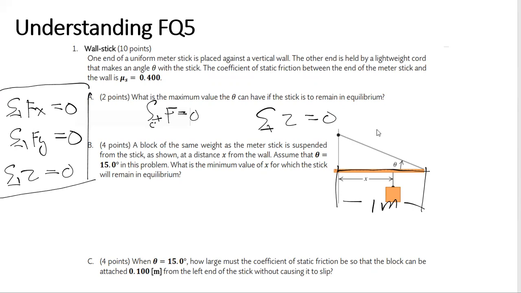So note lang, kapag meron akong problem like this, I can create a similar force diagram to the previous example problem. So I have here my theta. So dito yung aking weight ng stick. So may tension ako ulit. So this is T sine theta. Tapos ito naman ay T cosine theta.